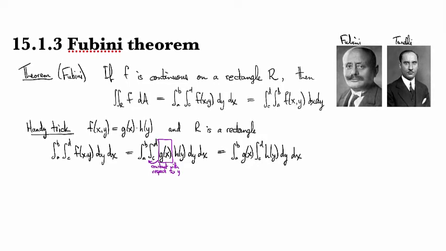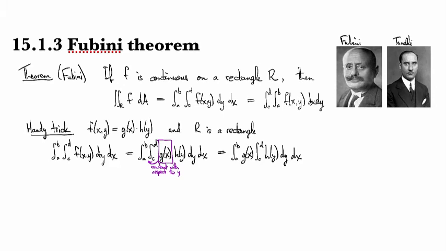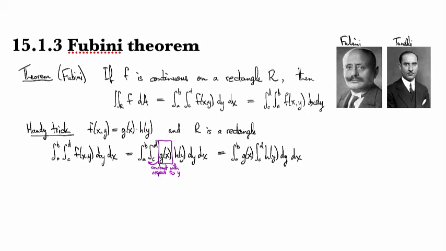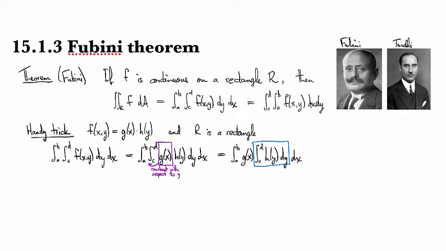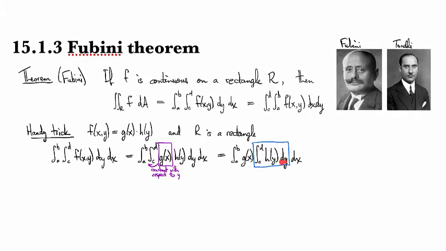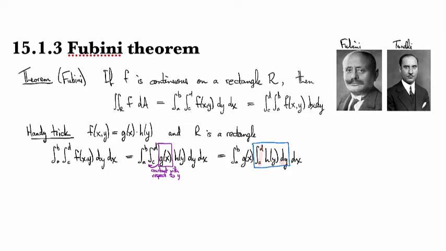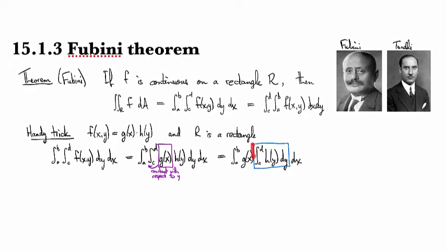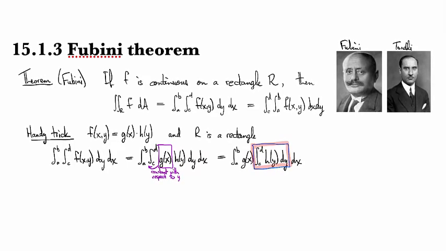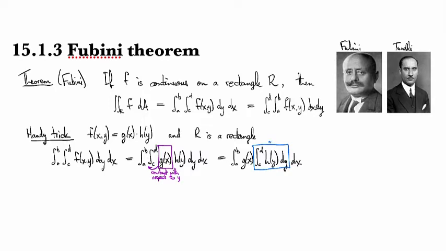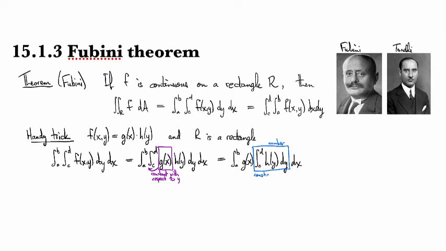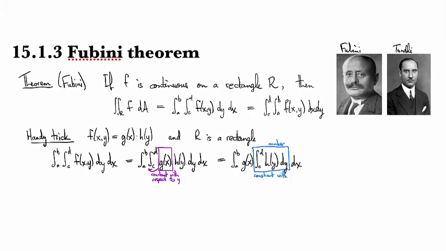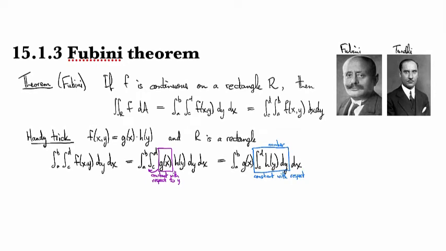Okay, so we've pulled that g out of that inner integral, and then I'm totally going to pull a fast one on you here. Look what happens. This inner expression starts off on the inside as a function of y, but then we integrate it with respect to y, and we evaluate it across the endpoints of this integral. So by the time we're done, this entire blue box here is actually just going to be a number. And since it's a number, it's constant with respect to x.